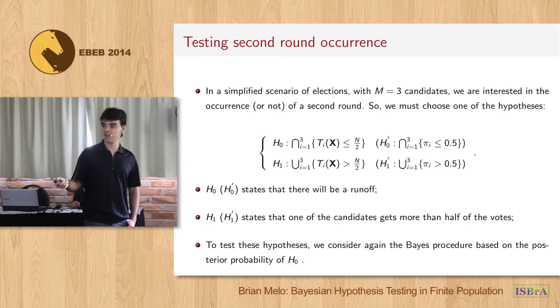On the other hand, H1 states that at least one of the candidates will have more than half of the votes, so there will not be a second round of elections. And again, we consider the Bayesian procedure to test this hypothesis, which means we just calculate the probabilities of this hypothesis.